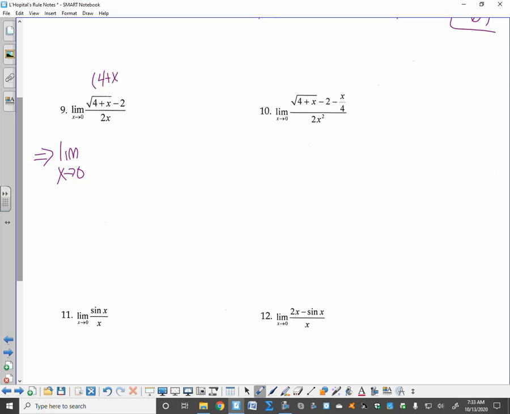This is 4 plus x to the 1/2 minus 2. So 1/2, 4 plus x to the -1/2 times 1, that's the duck, and then minus 0 over 2. Plug a 0 in. That'd be a 4. Square root would be a 2. Put on the bottom, that's a 1/2. Times the 1/2 is a 1/4. And then if I Bojangles, gives me a 1/8.